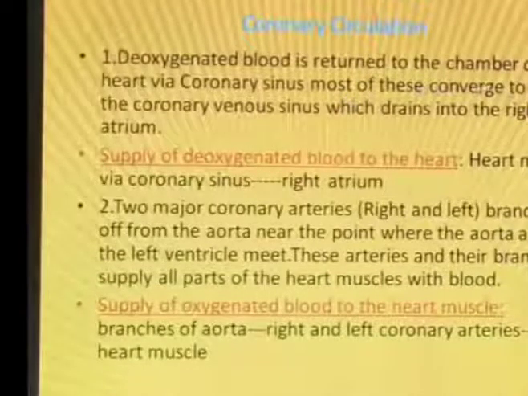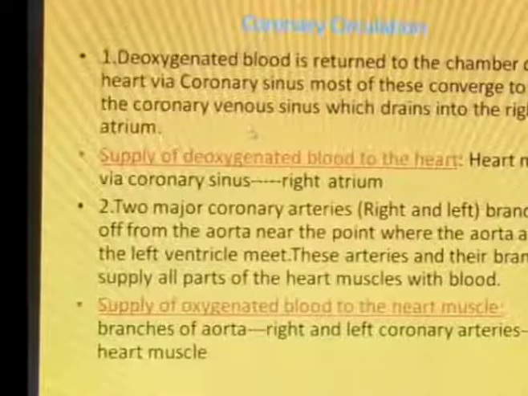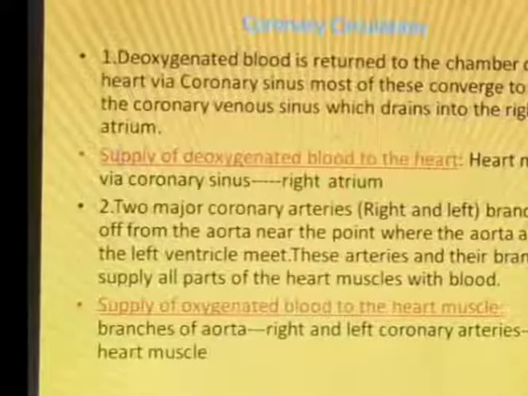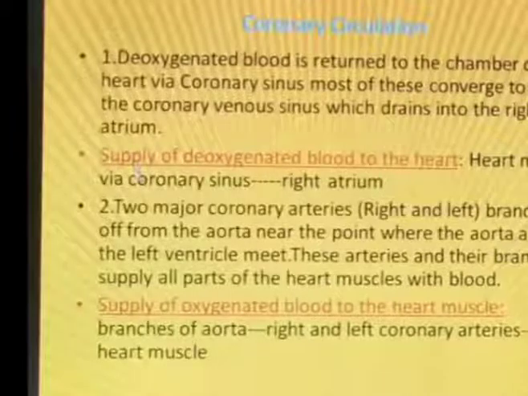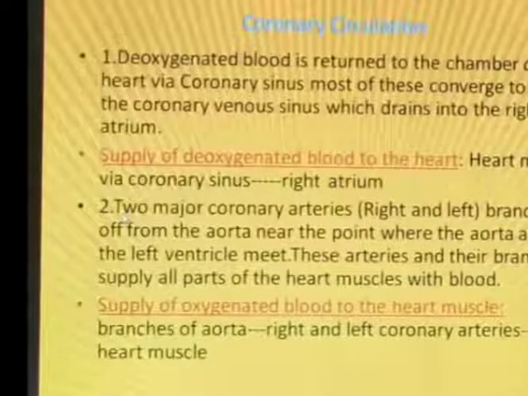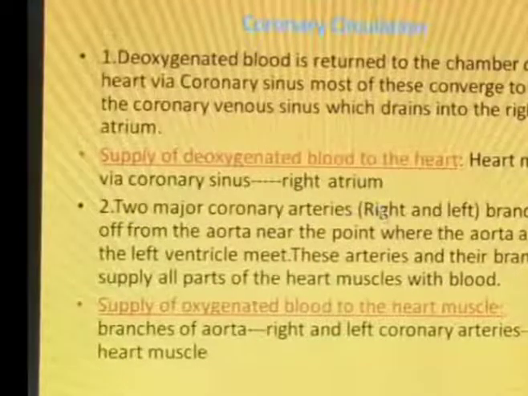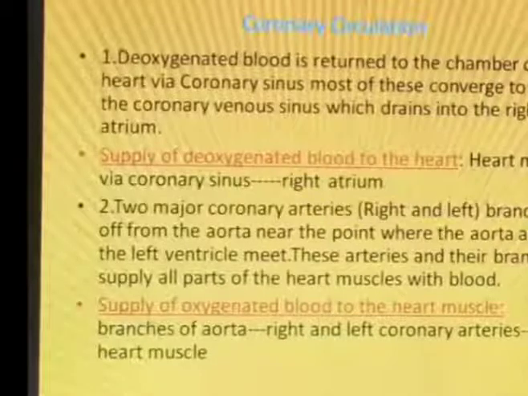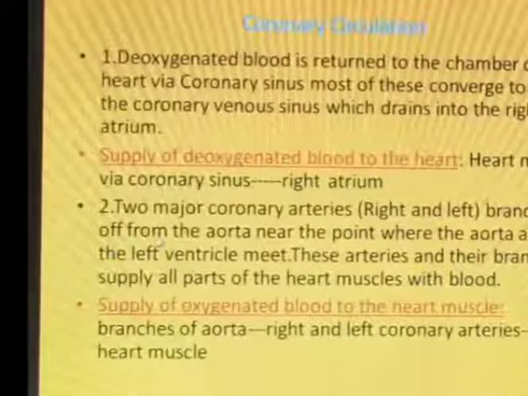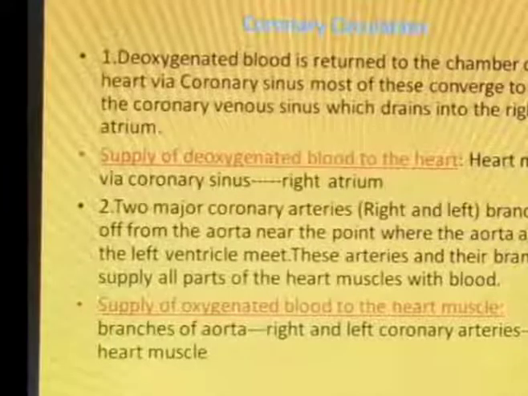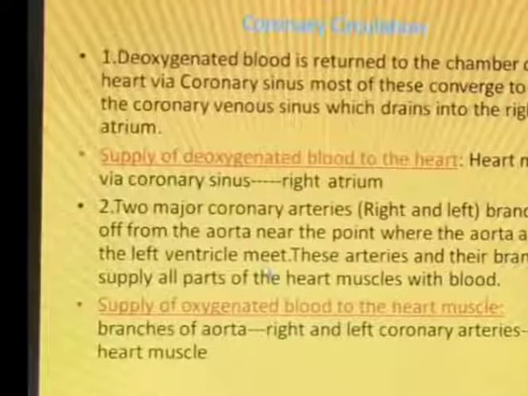Most of this converges to form the coronary venous sinus, which drains into the right atrium. Two main coronary arteries, right and left, branch off from, or originate from, the aorta near the point where the aorta and left ventricle meet.